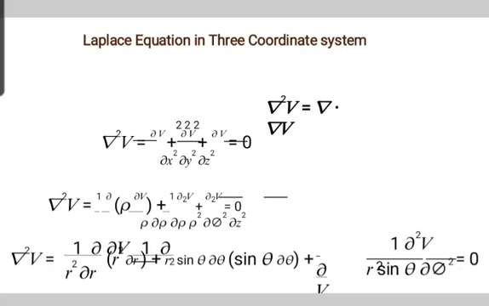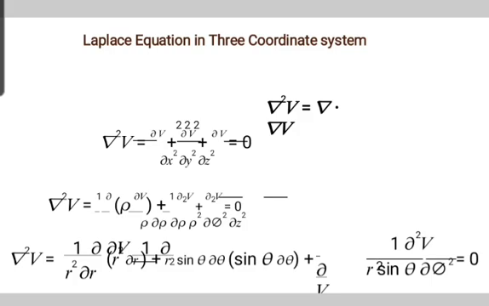So here is the Laplace equation in a coordinate system. These are the natural boundaries enclosing the volume in which Poisson's equation is to be satisfied, for the three standard coordinate systems.